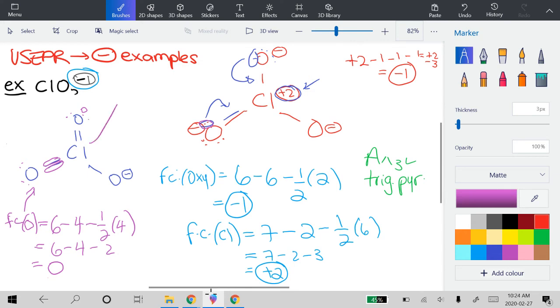So then finally we just have to check chlorine. Group 7 minus no lone electrons minus half of 10. 7 minus 0 minus 5.